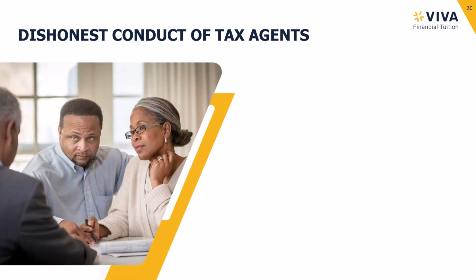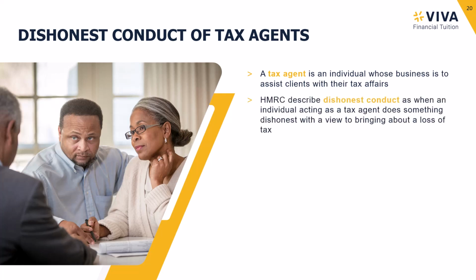Continuing on with more powers to HMRC to discourage tax evasion, we're now going to look at rules that apply to the dishonest conduct of tax agents. A tax agent is an individual whose business essentially is to advise clients or taxpayers with advice on their tax affairs.